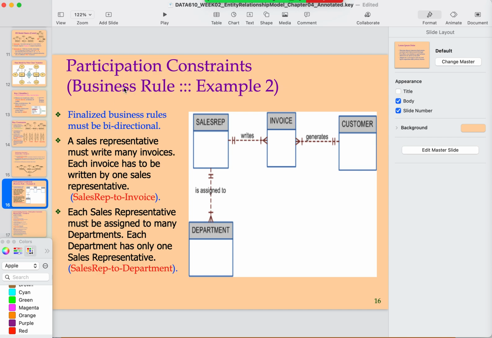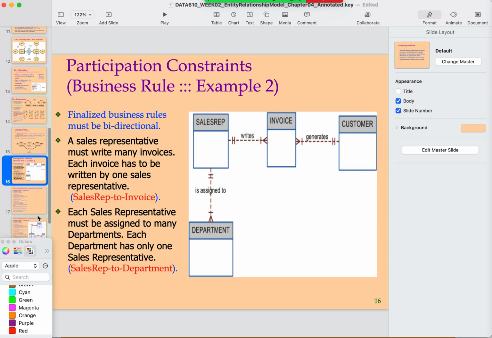This is another example of a participation constraint. So businesses can have certain rules, and when we are implementing the database, we need to follow the business rules that we are given, and the way we would implement those is through constraints. We would put an integrity constraint on our database.